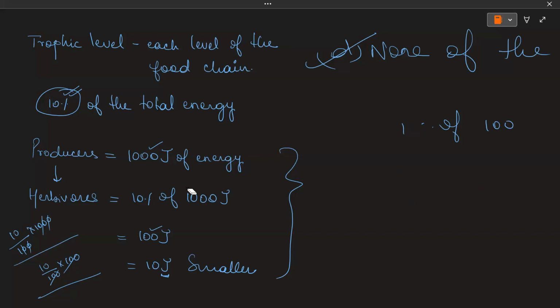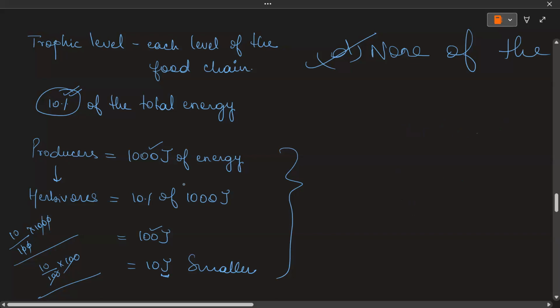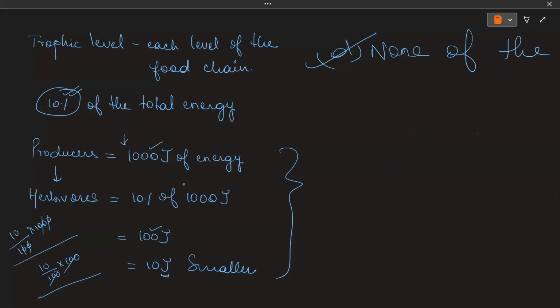They will give you some value, like how I gave here the producer's energy to be 1000 joules. So for the next trophic level, I did 10% of 1000 joules, and how much was it at the end? 100 joules. Okay, so this is how it goes.